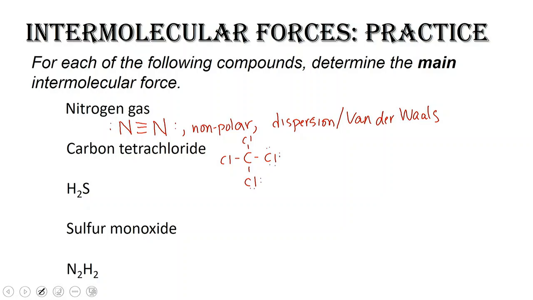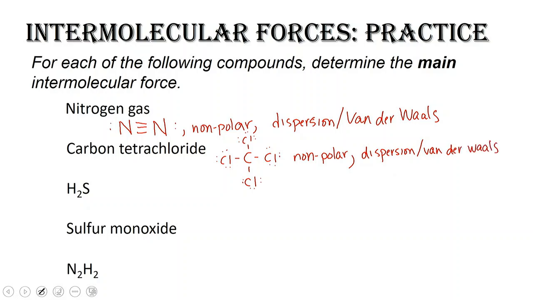I will draw them. Although we have these large electron clouds around these chlorines, this whole compound is nonpolar because it's symmetrical. So if it's nonpolar, then that means it must also have dispersion and van der Waals.